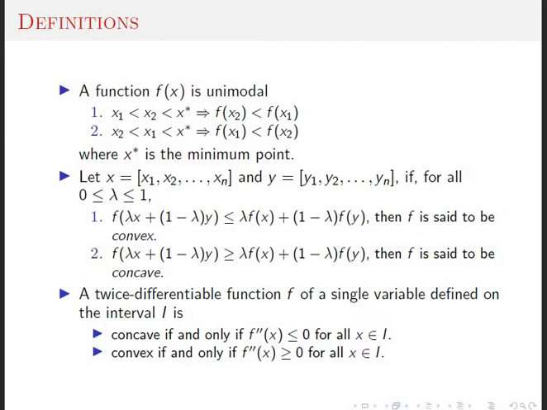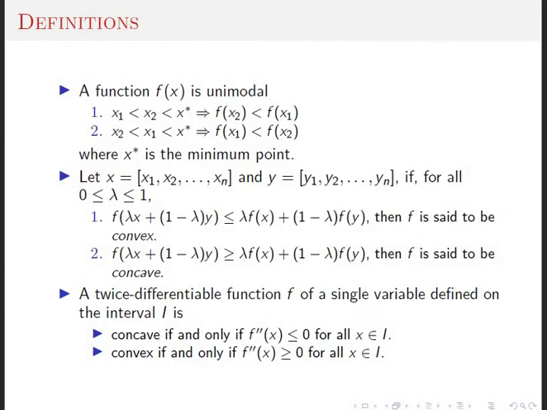Similarly, a function of a single variable is convex if every line segment joining two points on its graph does not lie below the graph at any point. To make this definition more useful, we can translate it into an algebraic condition.